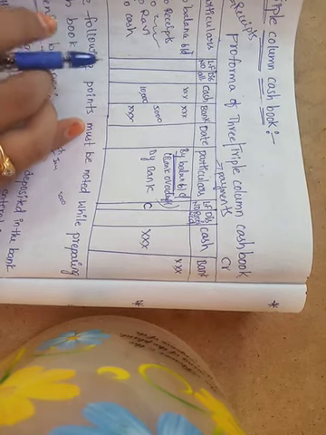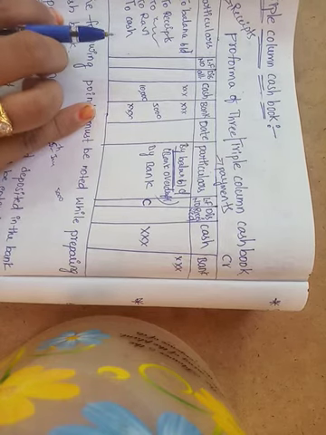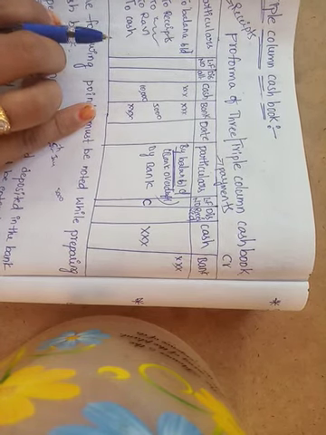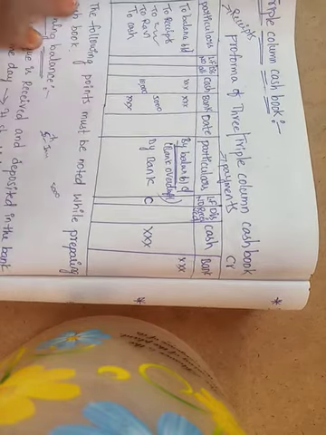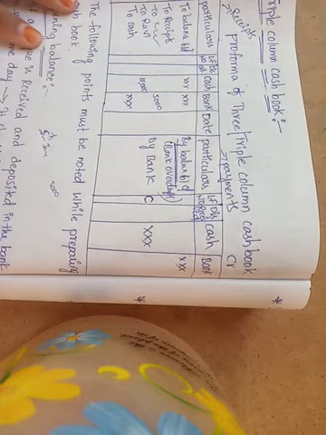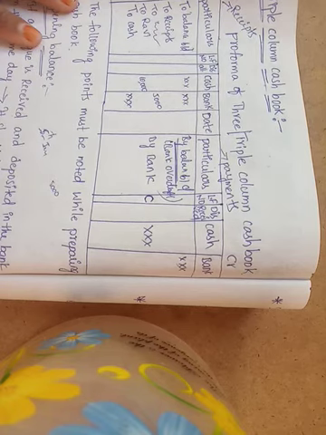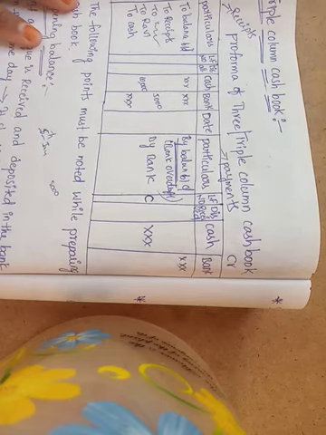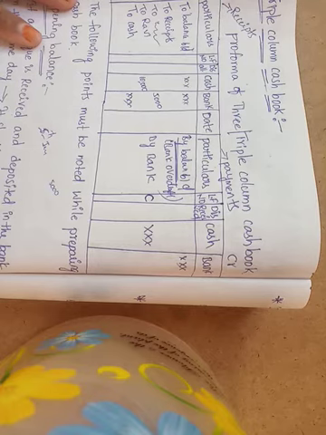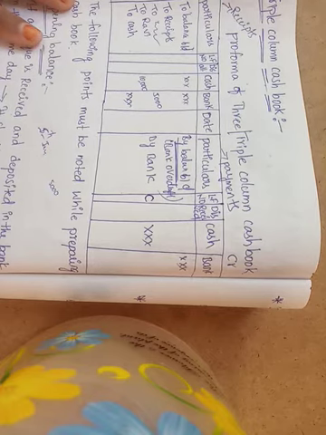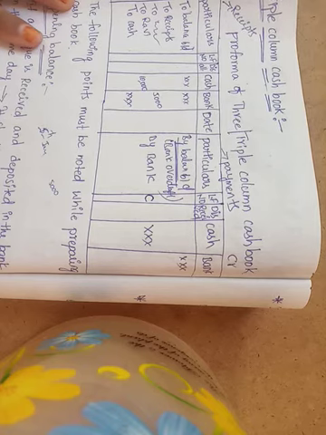Next is, suppose a check is drawn for personal use. Generally, if cash is withdrawn for personal use, what is the entry? Drawings account debit to cash account. Instead of cash, sometimes the word used is check. If a check is drawn for personal use, what is the entry?